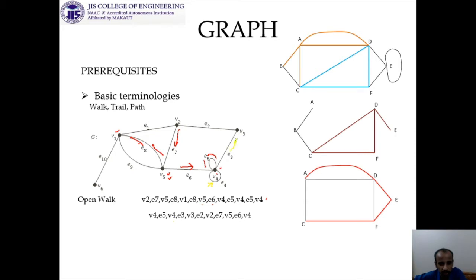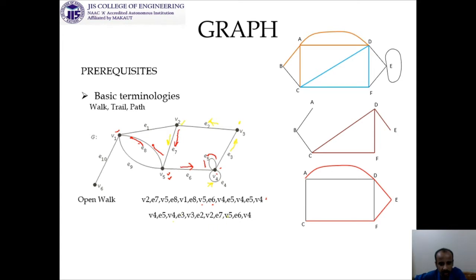So E3 is now in our way, then V3, then E2, we are passing through this particular edge, then V2 will come, then E7, this edge is considered.